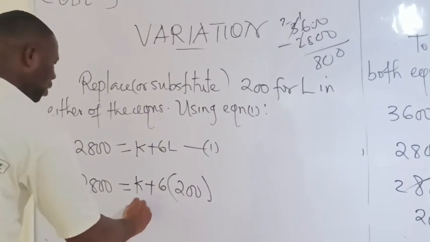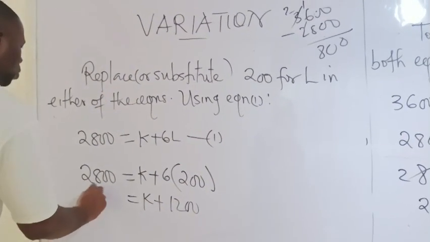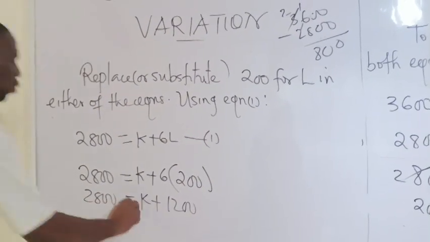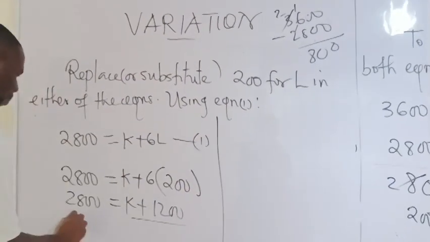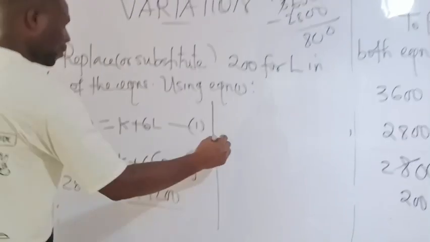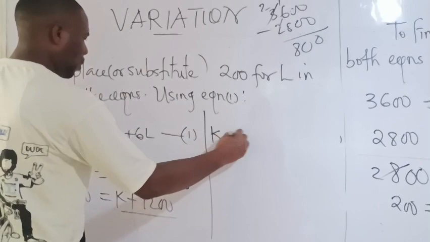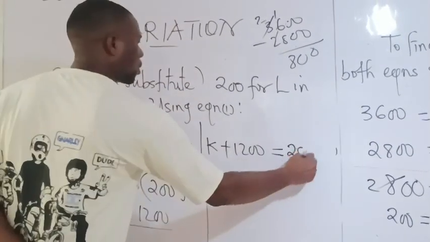So this would be K plus 6 times 2 is 12, and I have 2 zeros in front, so 1200. Let me bring the right hand side here: K plus 1200 is equal to 2800.